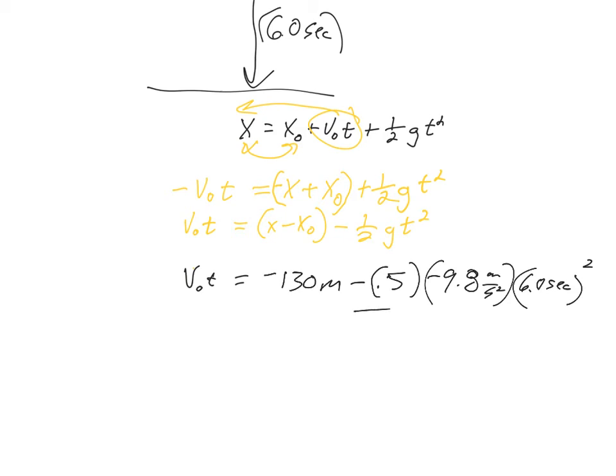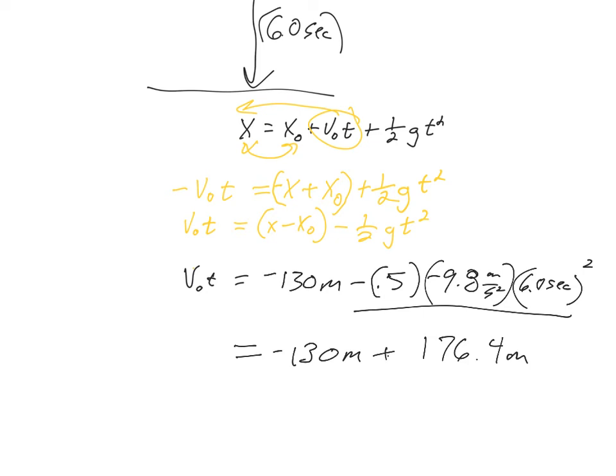So basically I have to do this piece, because it's negative 130 meters minus this, so it's 36. I'll put this in my calculator. 6 squared, times negative 9.8 times 0.5. I get negative 176.4 meters.